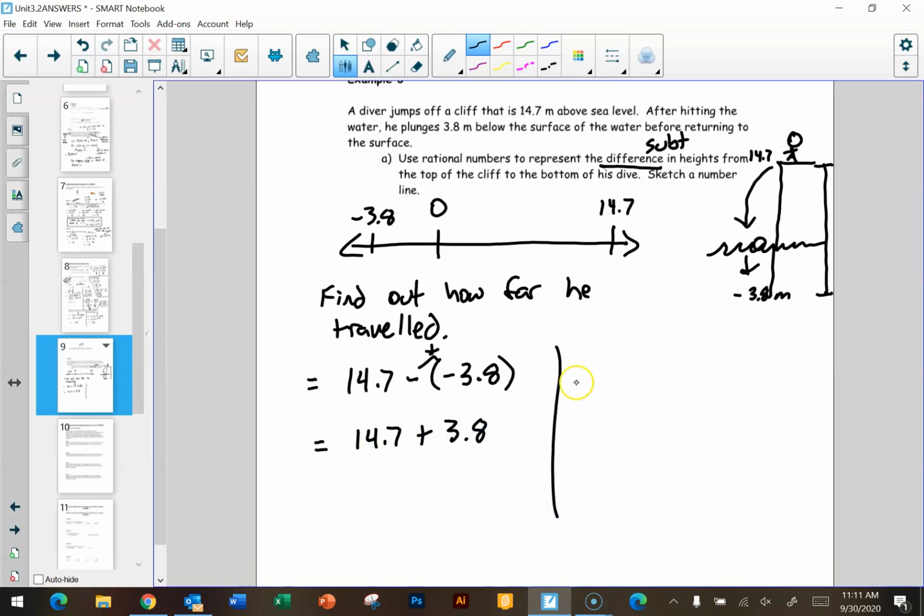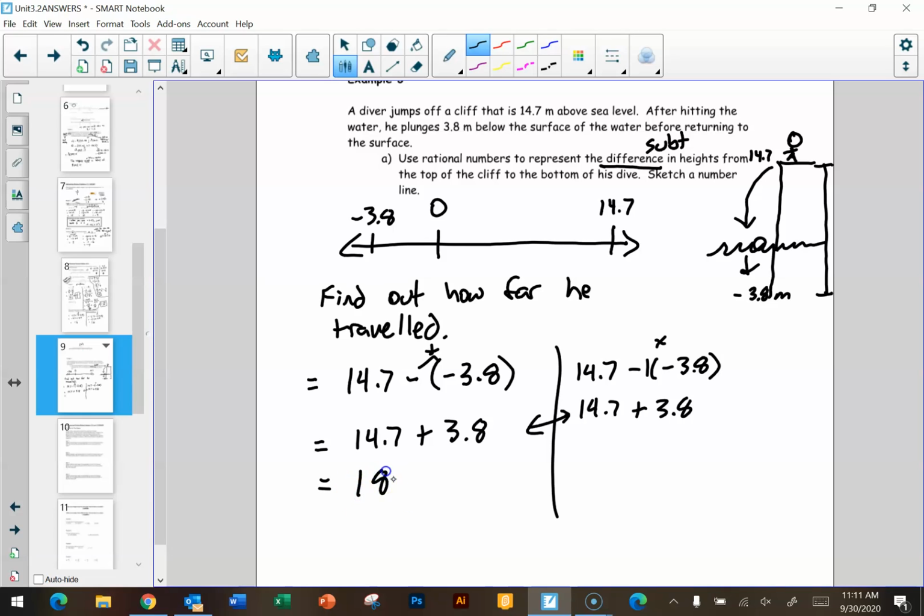The other way of doing it is 14.7 minus a negative. So that's minus 1 times negative 3.8. Negative times a negative equals a positive 3.8. So at this point, we're in the exact same spot, right? So it's 14.7 plus 3.8.